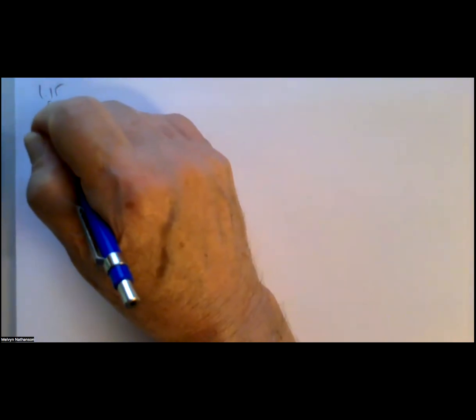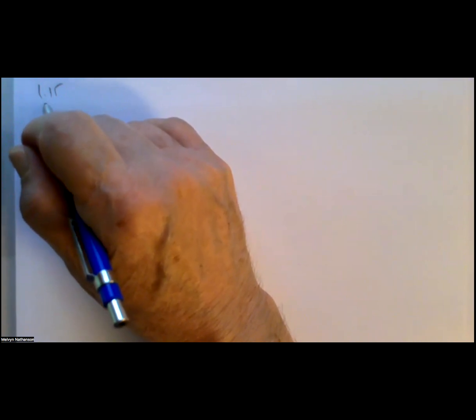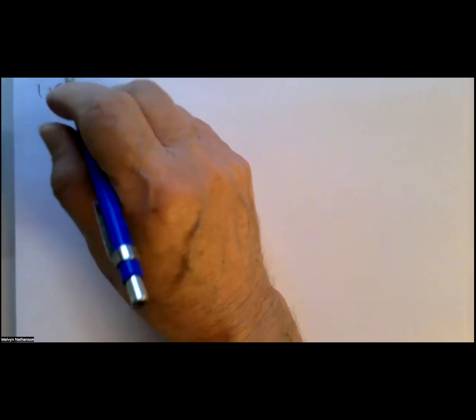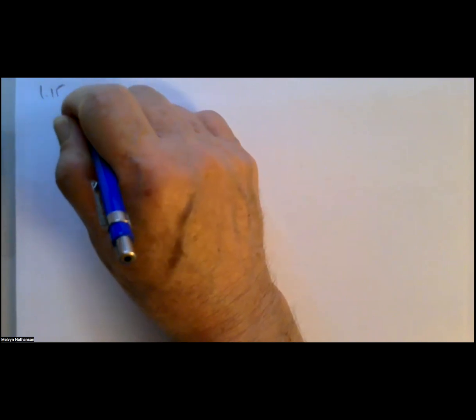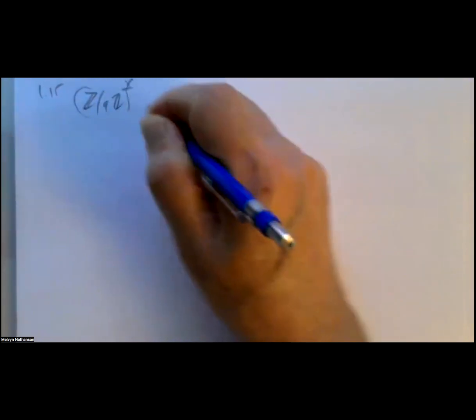Let's look at, let's say, 115. What's the multiplication table for the unit group Z mod 9Z star?